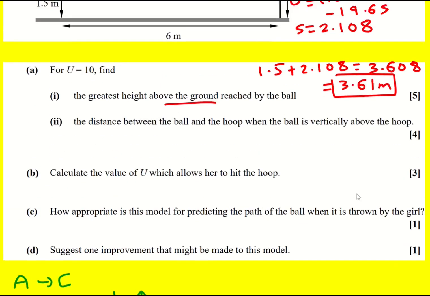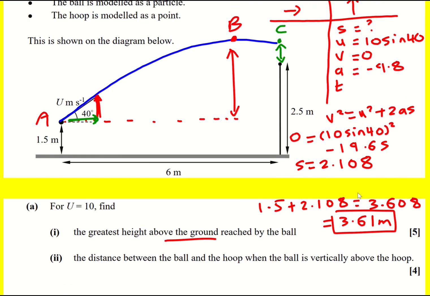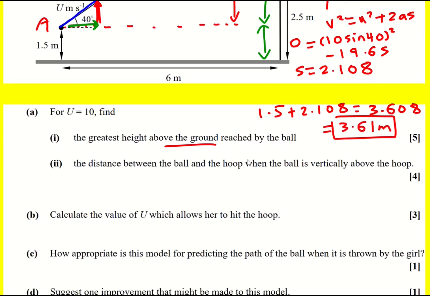So remember what that is. That's actually going to be this whole distance here. And therefore, I need to add on 1.5 to get the amount above the ground, and then minus 2.5 to get the height above the hoop.